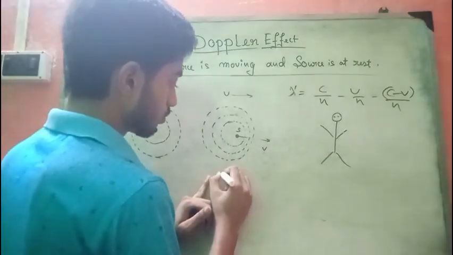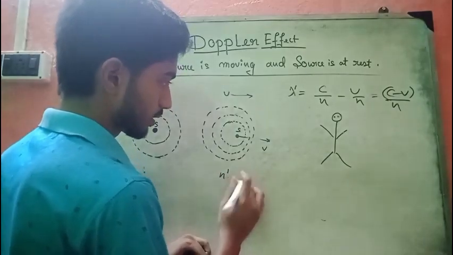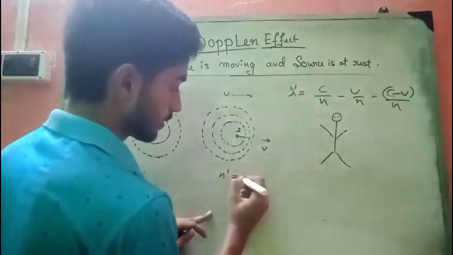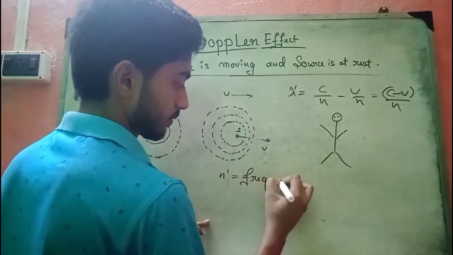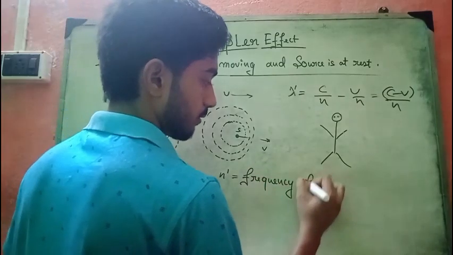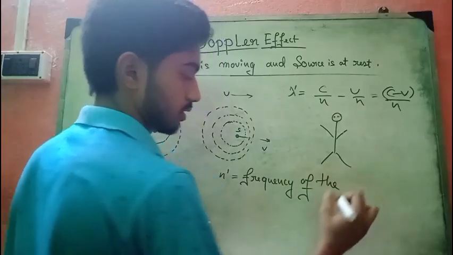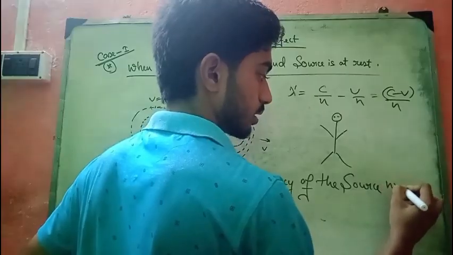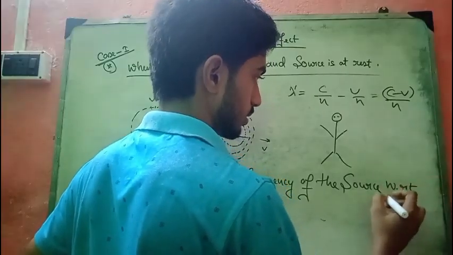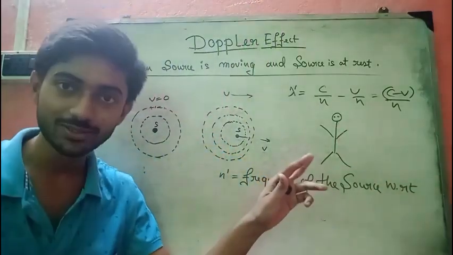Now the new wavelength n dash, what is n dash? N dash is equal to the frequency of the source with respect to this observer.